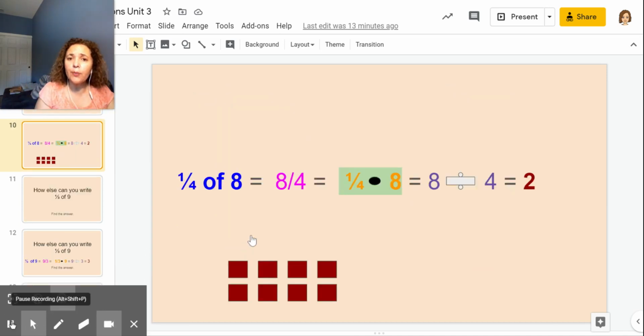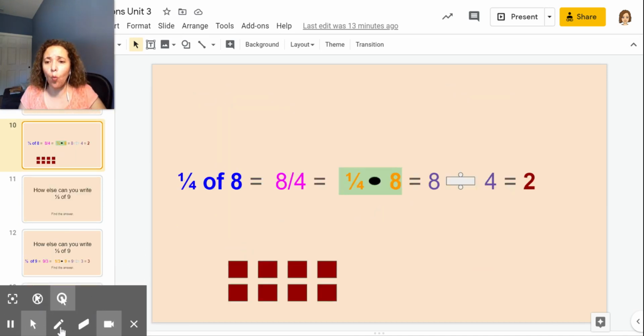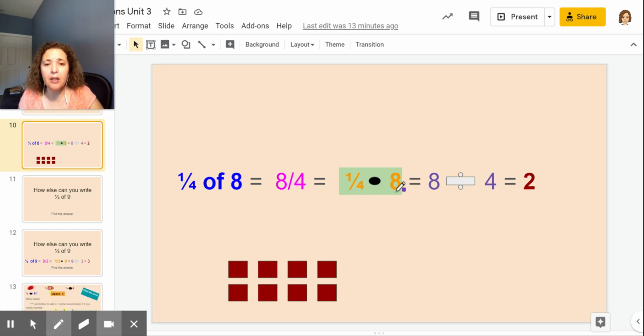Okay, so here's my original equation. 1/4 times 8. It can also be read as 1/4 of 8.